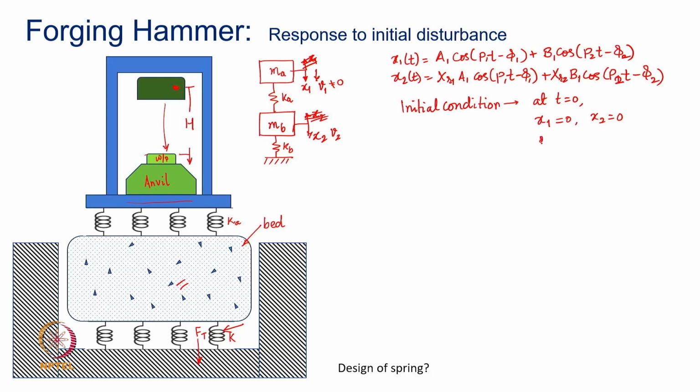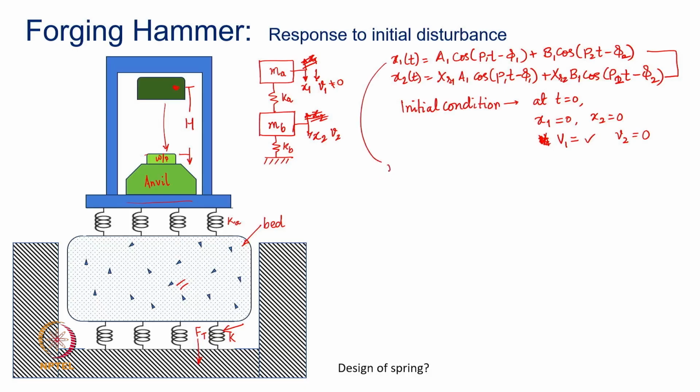And then v1 is going to be a function of the height through which it drops, square root of 2gh is going to be the velocity. What is the velocity of the bed, that is assumed 0, that it is standing stationary. Using these 4 initial conditions, I have 2 equations in the displacement.